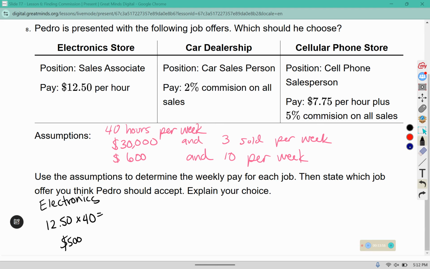For the car dealership, he just earns the commission, which is 2% out of his sales. Well, if he sells 3 vehicles at $30,000, that'd be 30, 60, 90,000.